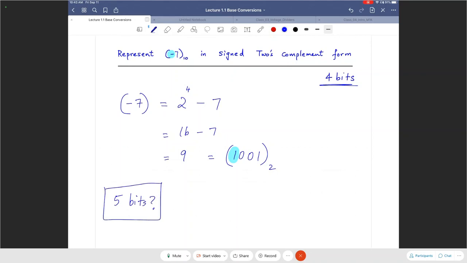If I were to use 5 bits, what would change? Instead of 16, you would have 32. Okay. But if you did everything the same way, I'm going to claim that it will result in 1, 1, 0, 0, 1.